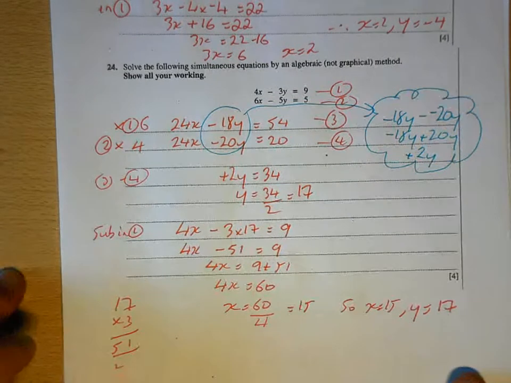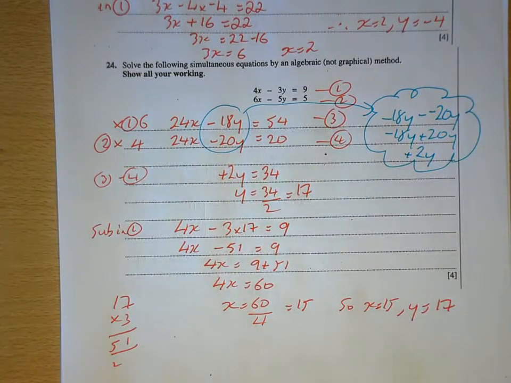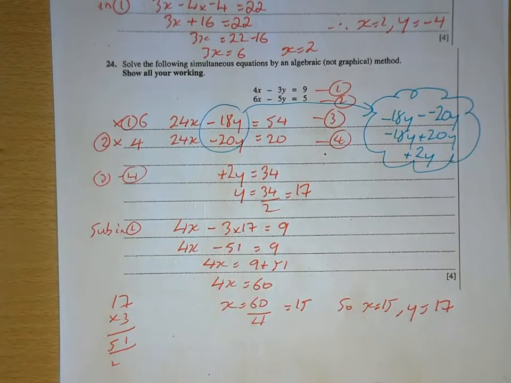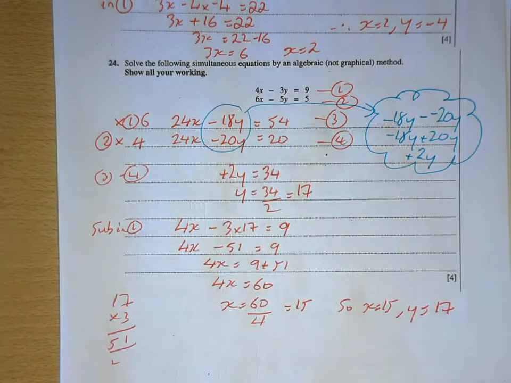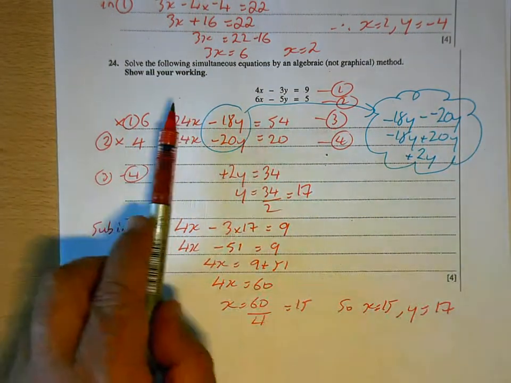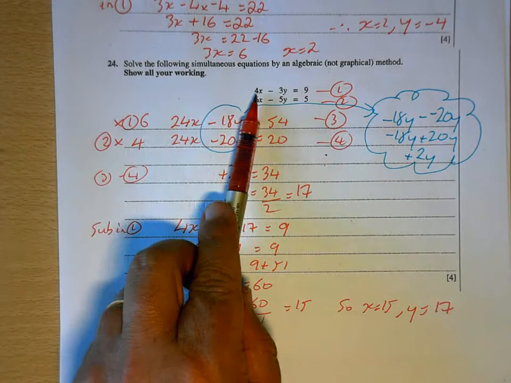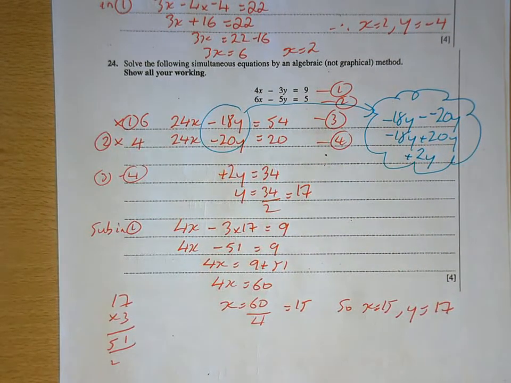So for all of those questions, I have used the same method. And if you struggle with remembering methods, that's the only one to remember. You multiply the top equation by the number in front of the x in the second one, and the second equation by the number in front of the x in the first.